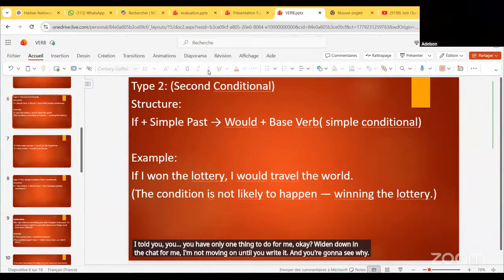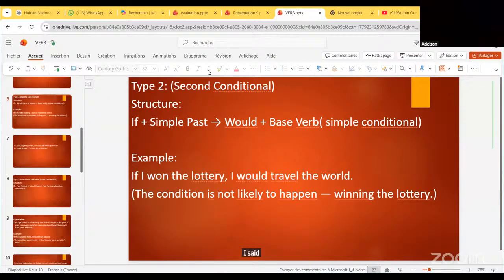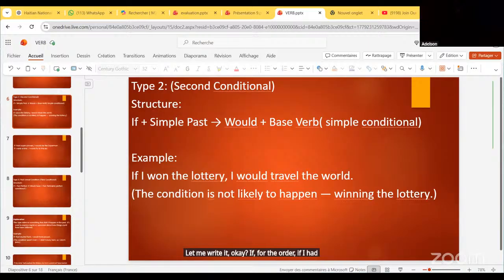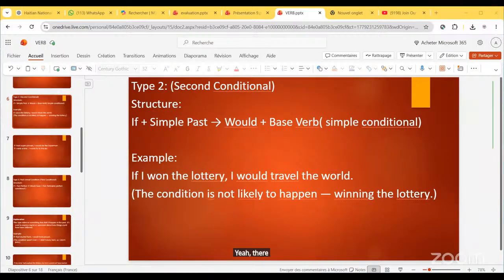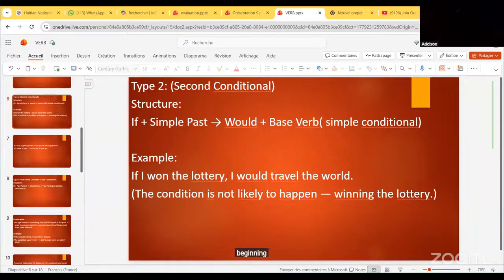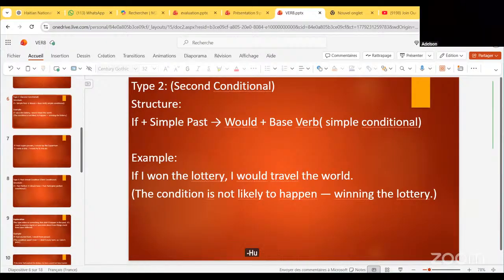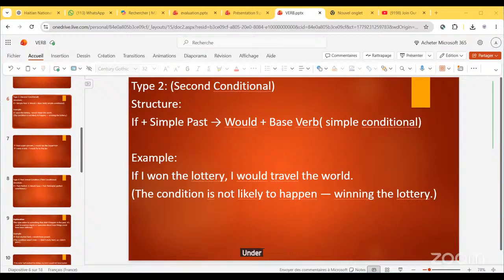I said, if I had been there at the beginning of the class, I would have understood the lesson. Let me write it. Okay? If I had been there at the beginning of the class, I would have understood the lesson.